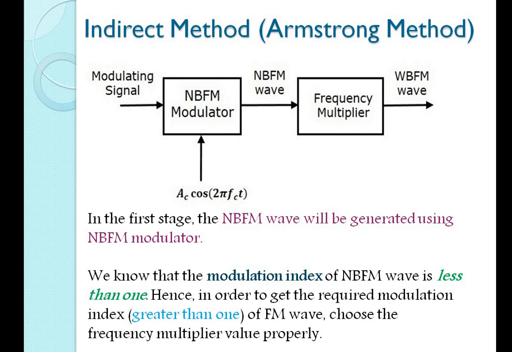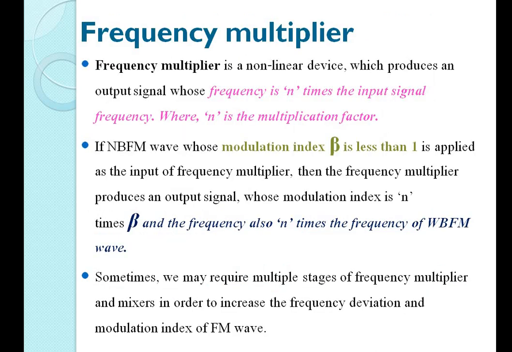But what we are going to generate is wide band frequency modulation. So this frequency multiplier chooses a proper value, by which your beta value is increased to more than 1, so that you will get your wide band frequency modulation wave. Clear?